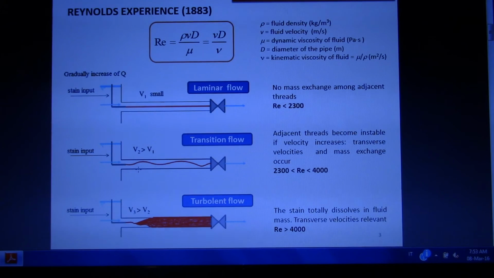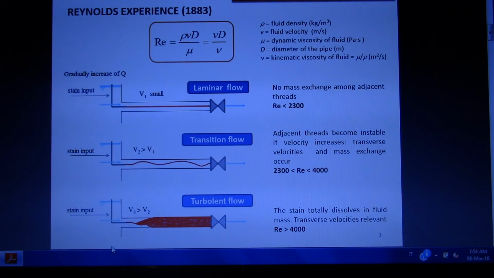Right now, he increased the volumetric discharge, so again it increases the velocity, and he observed that they started to exchange some masses between the different threads, so the adjacent threads become unstable if the velocity increases. In this case, transverse velocities and mass exchange occur, and this was the condition of transition flow.